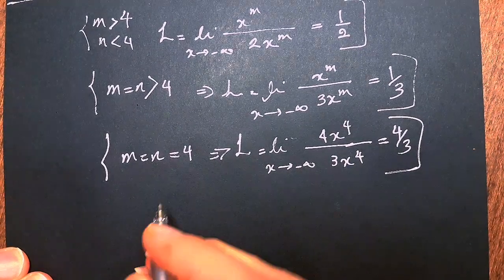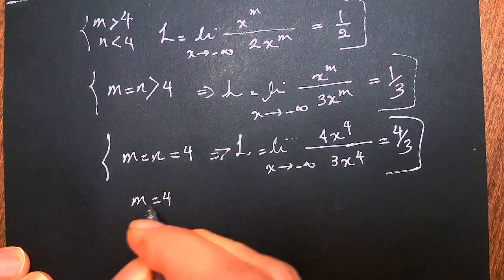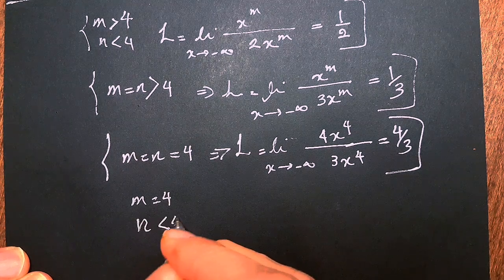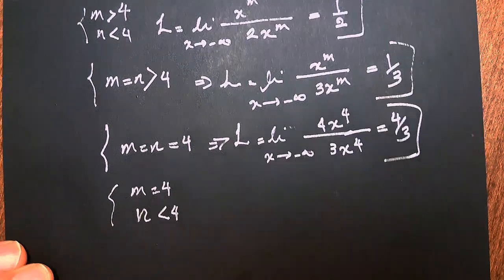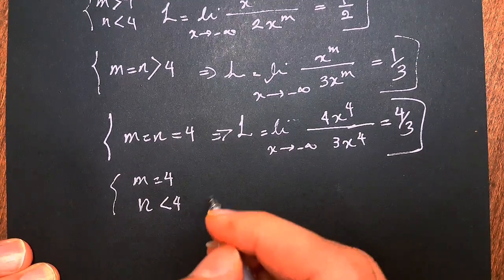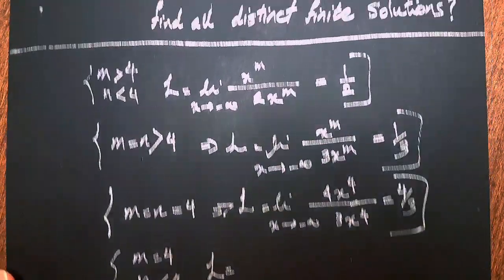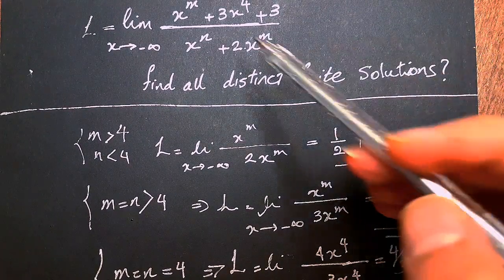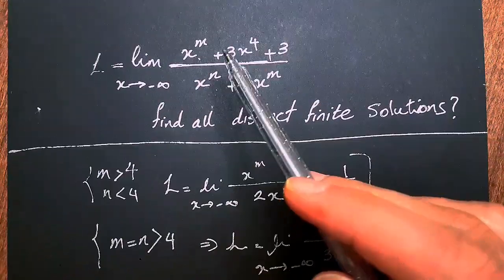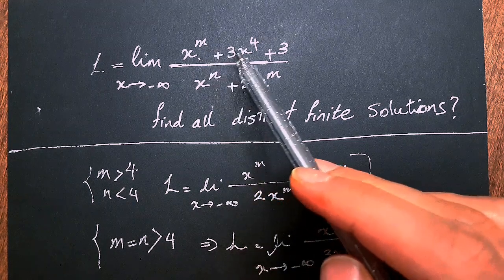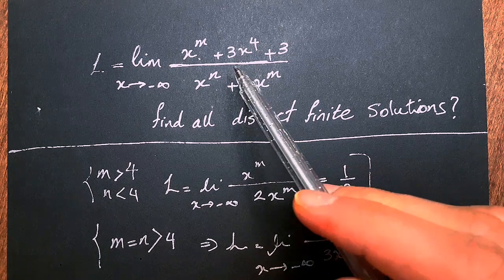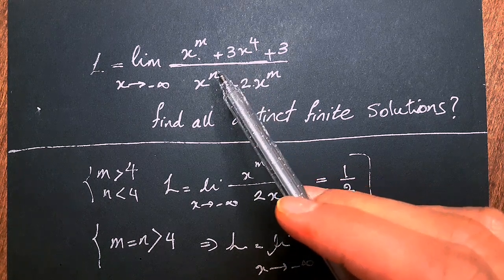Another case will be when m is 4 and n is less than 4, right? So then L will be, when m is 4, we will have 1x to the power of 4 plus 3x to the power of 4, which is going to be 4x to the power of 4 when x goes to minus infinity.